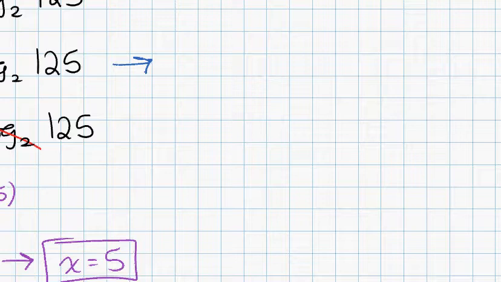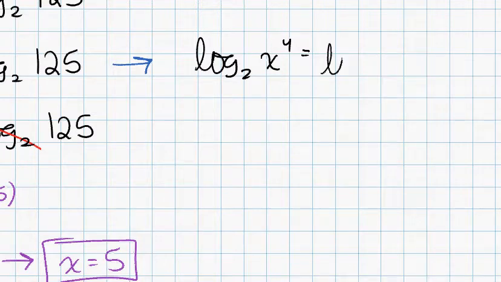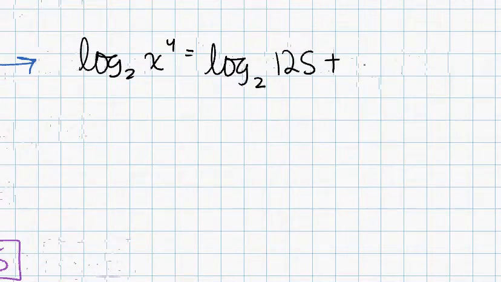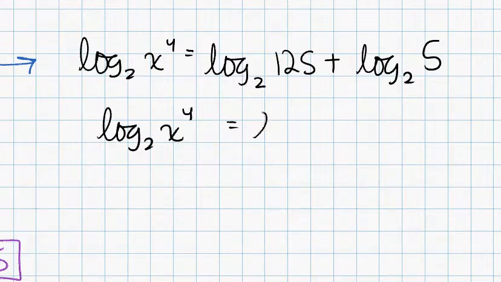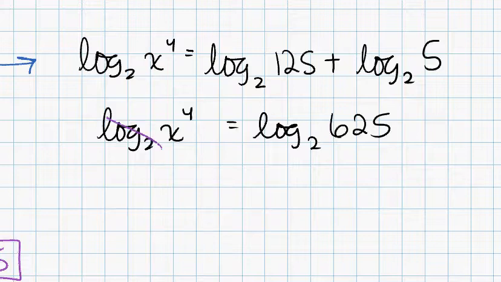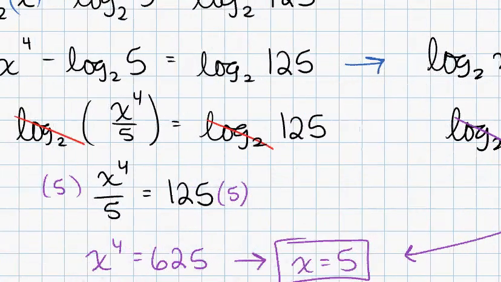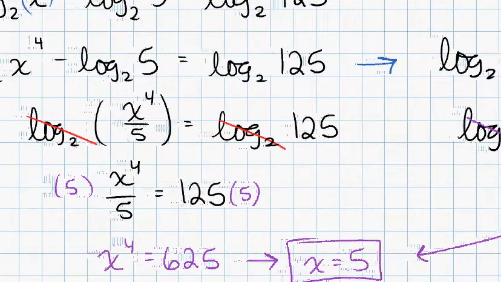So you could have log base 2 of x to the 4th equals log base 2 125 plus log base 2 5. In your case, you would change this into a product instead. So log base 2 x to the 4th, log base 2 125 times 5, 625. The log base 2's still cancel, and you still get the same final answer of 5. So if you did it that way, very good as well.